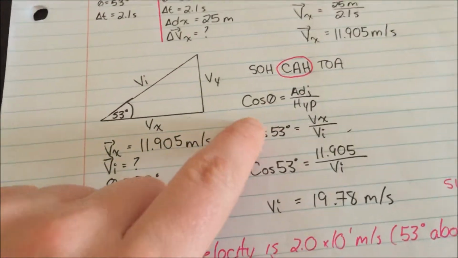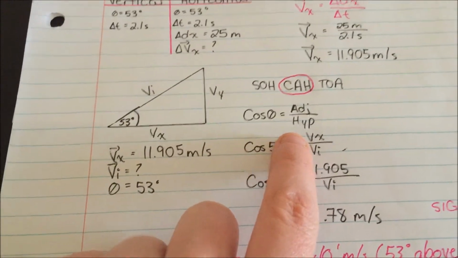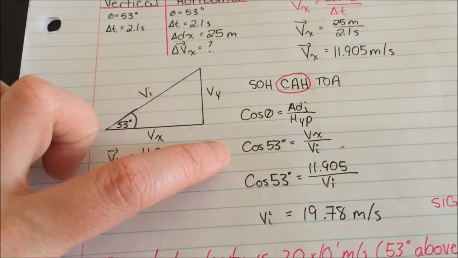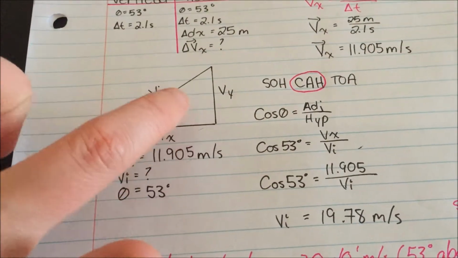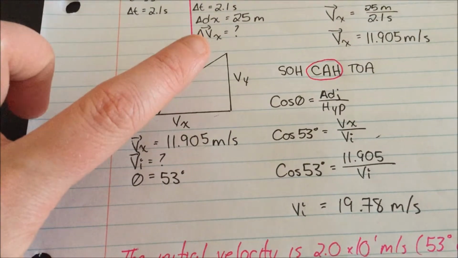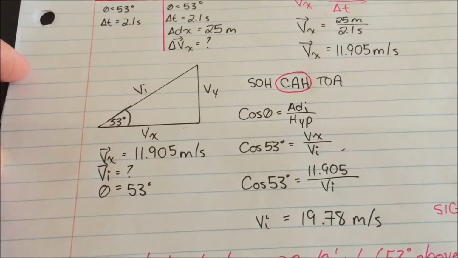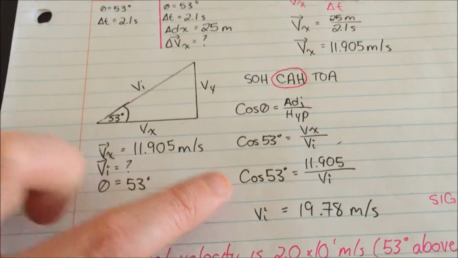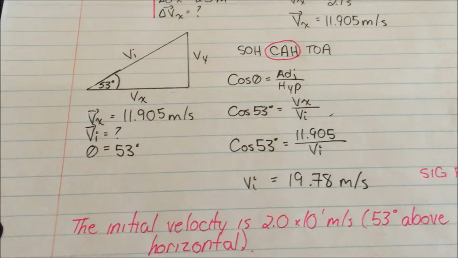So cosine theta is equal to your adjacent divided by your hypotenuse. We know that our theta is 53 degrees. We know that our Vx is our adjacent, and our Vi is our hypotenuse. We have just found the Vx up here. So we input our numbers, and we get your initial velocity to equal 19.78 meters per second.